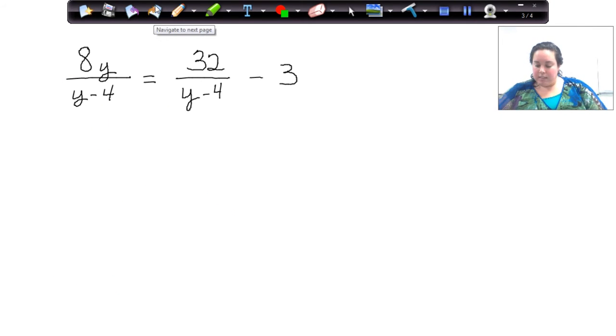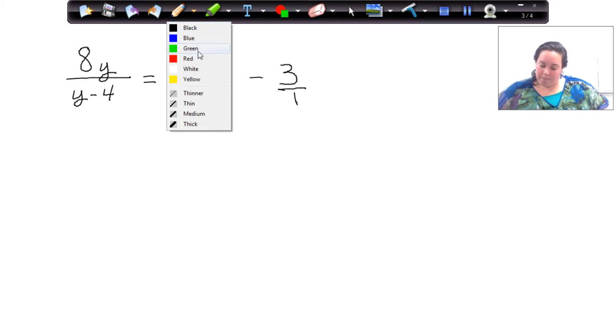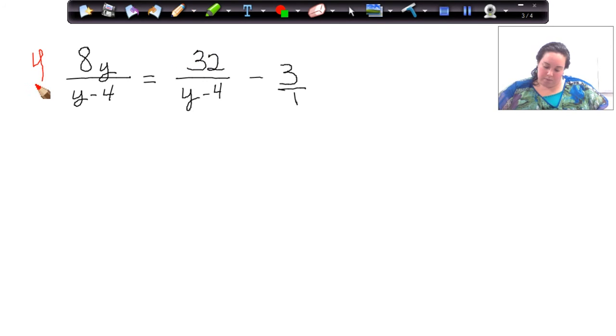We're going to find the least common denominator and multiply by it. So we have y minus 4, and this is actually just 3 over 1. So the least common denominator is y minus 4. We're going to multiply by y minus 4 on both sides: y minus 4, y minus 4, and y minus 4.